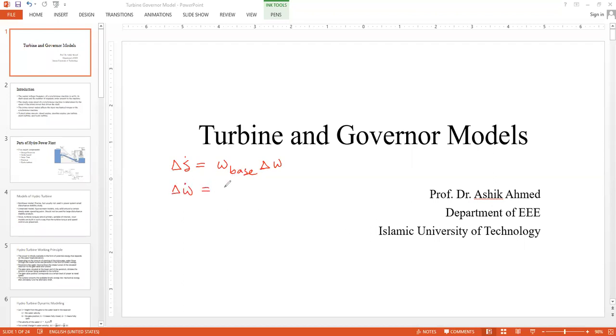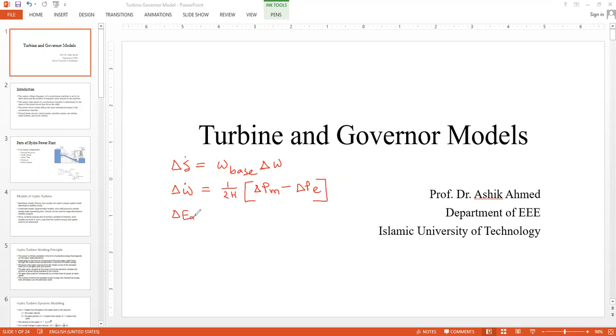Then we had the del omega, which was represented as del Pm minus del Pe. Of course, del P were further elaborated in terms of the K constants.